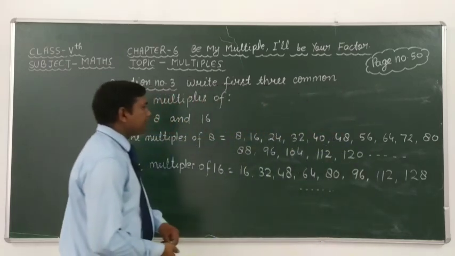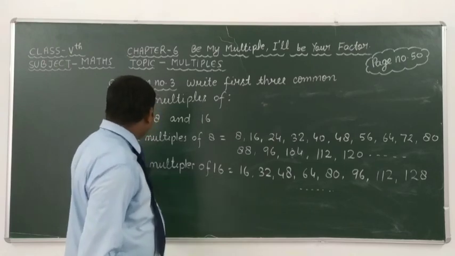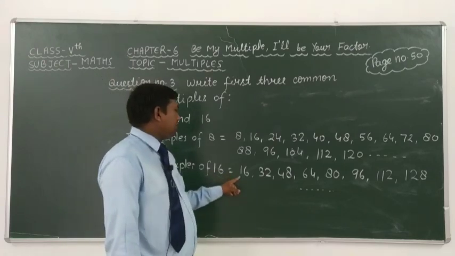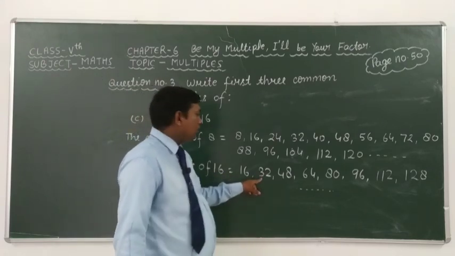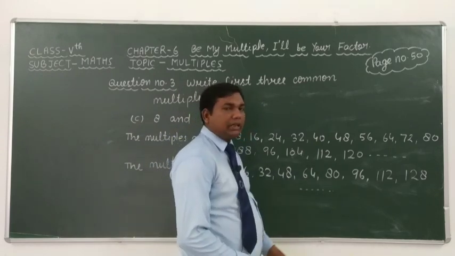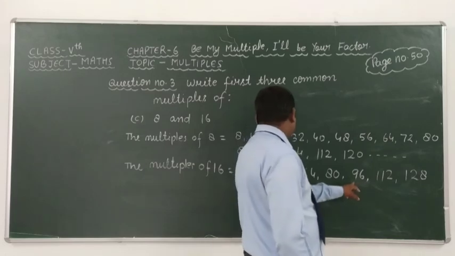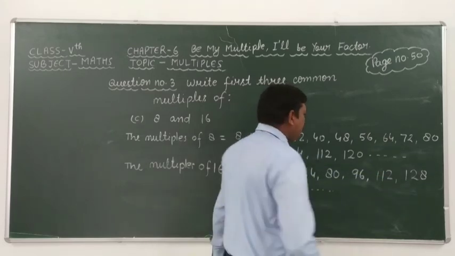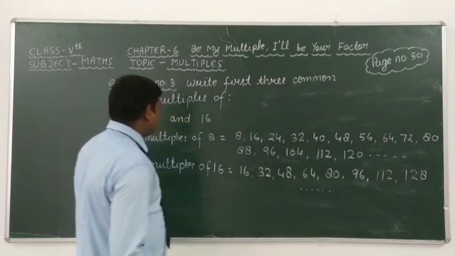Students, look at here carefully. The multiples of 16 are 16 1s are 16, 16 2s are 32, 16 3s are 48, 16 4s are 64, 16 5s are 80, 16 6s are 96. Similarly, we can write all multiples of 16.